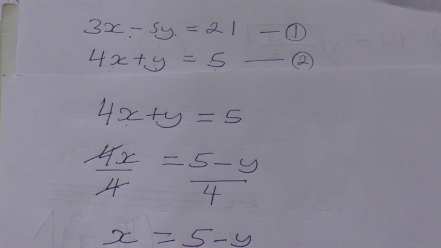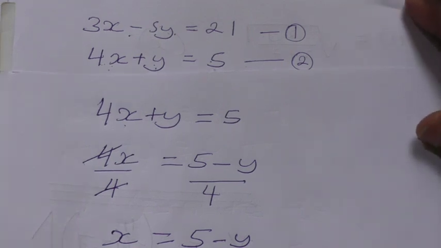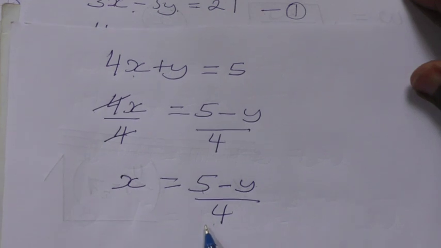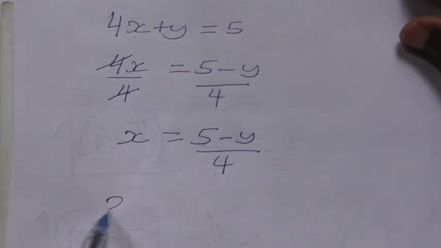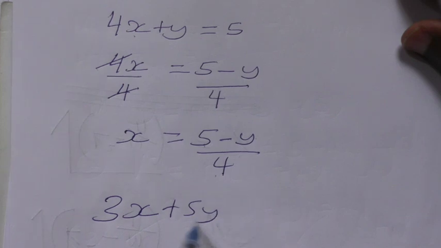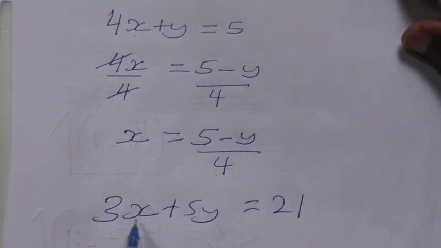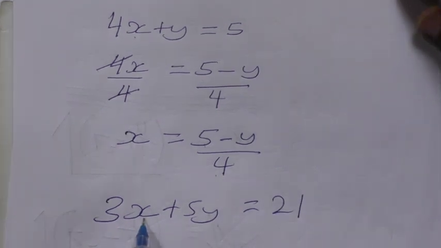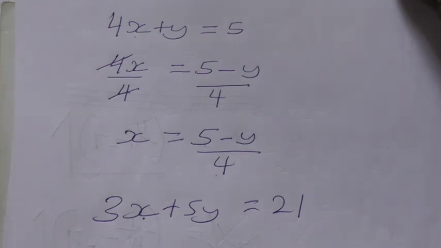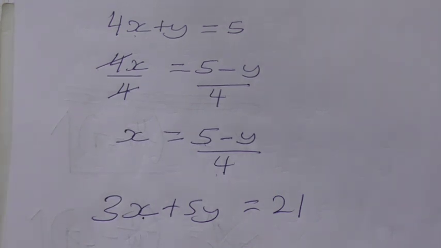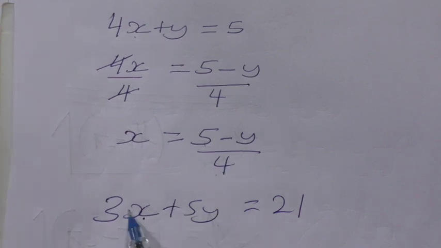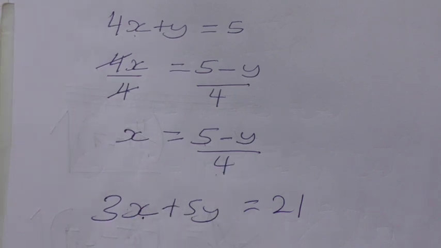However, if you can correctly substitute for x in 3x minus 5y equals 21, and simplify accordingly, we can get the same results. I'll leave you to try that. Substitute for x and see if we can get x as 2 and y as negative 3, just like we've done.